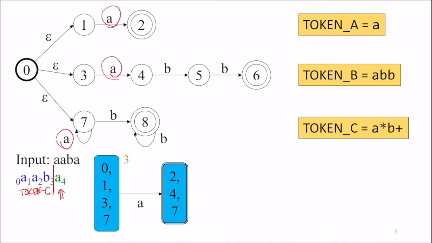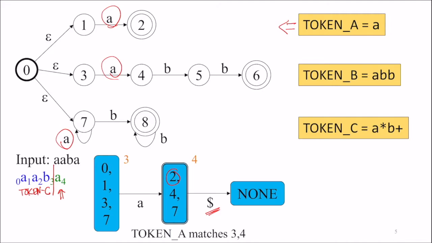Now only state 2 of these 3 is a final state, right? And it corresponds to this token A over here. And at this point, we have nothing else. This just stands for there's nothing else in the input. So we are done with parsing the input string. In this case, token A matches 3 to 4, and that's the only match we can get here.